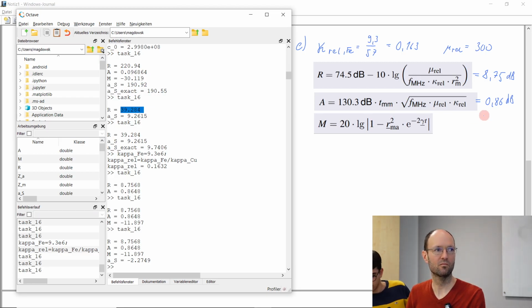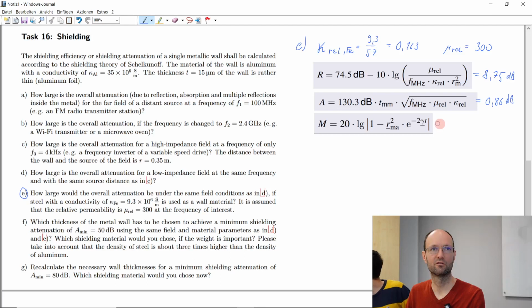So if I copy this, this is minus 12 dB. And so this means that our overall shielding attenuation is, let's say, 0. Right? We calculate something negative, but it does not make sense.